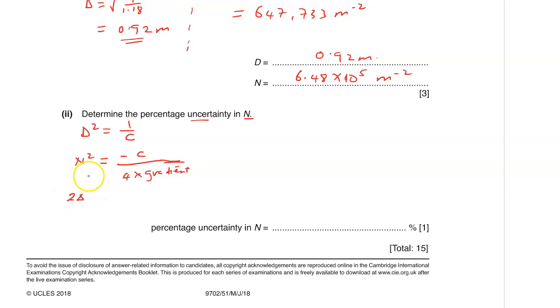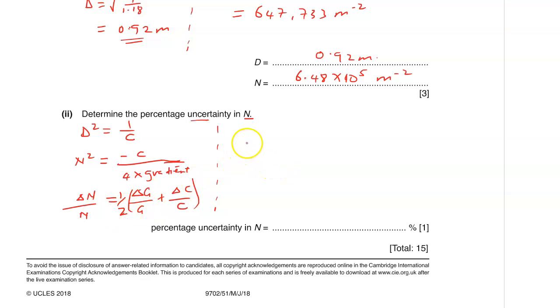So it is 2, because it's squared, 2 delta N over N is equal to the uncertainty of the gradient, which is delta G over G, plus the uncertainty of the y-intercept, which is delta C over C. Right there, we had found the uncertainty of the gradient here. So we can divide both sides by 2, times a half.